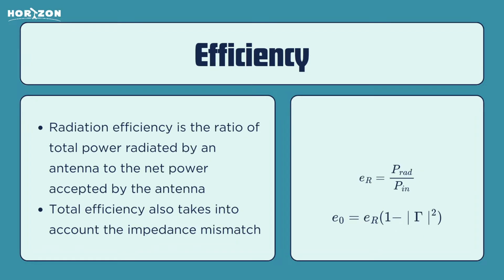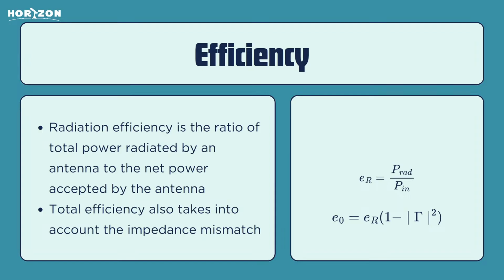The radiation efficiency is the ratio of the total power radiated by an antenna to the net power accepted by the antenna. This parameter takes into account the losses due to the conductivity of whatever conductor we use, as well as dielectric absorption, but excludes losses caused by impedance mismatch.